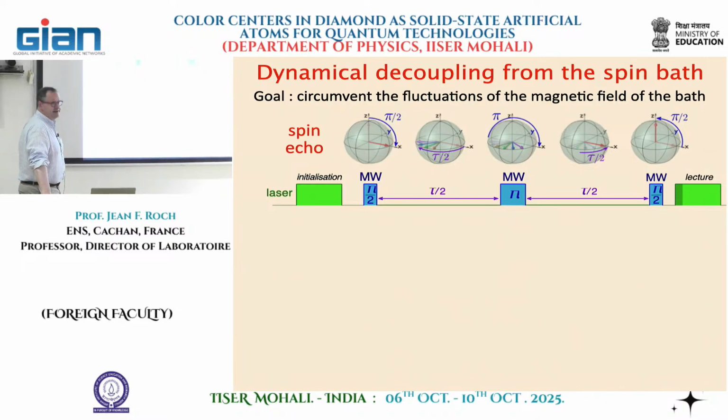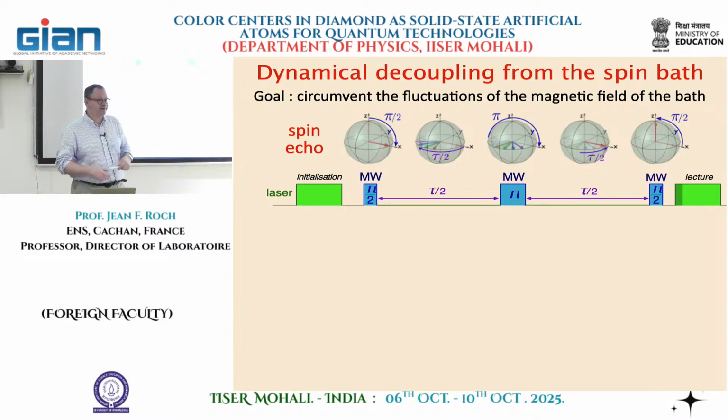What we can do, for instance, is to circumvent the fluctuations of the magnetic field of the bath, and this can be partially done by, for instance, the spin echo technique, where we apply a pi pulse between the two pi over 2 pulses. You will see, for instance, in the two experiments this afternoon, that indeed it increases a lot the time during which we can control the precession of the spins.